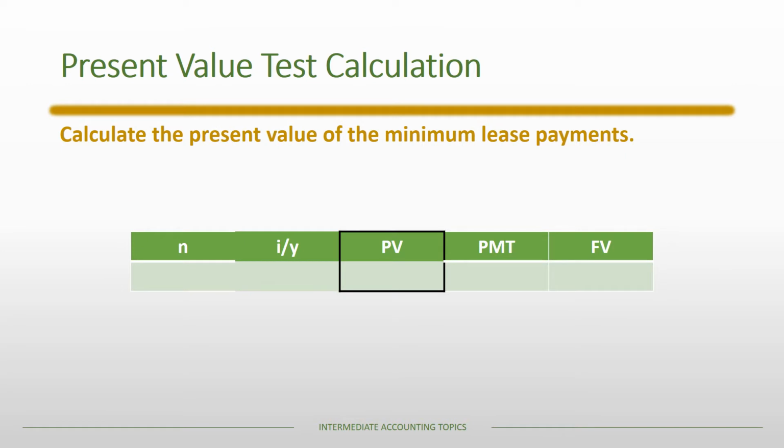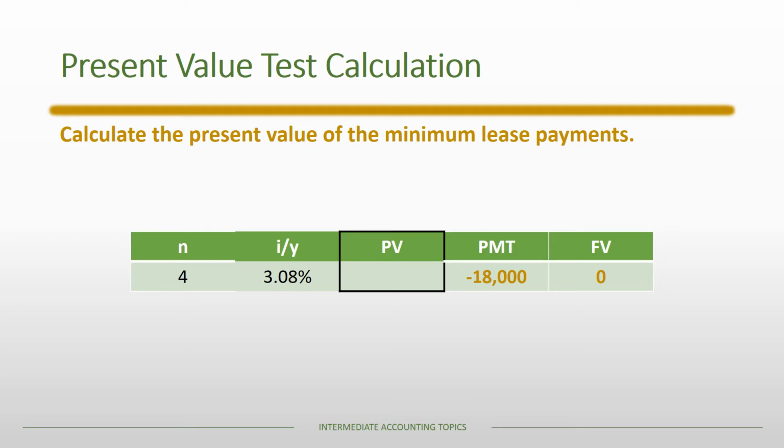We take that semi-annual yield and the other information, and now we have to calculate the present value of the minimum lease payments. The N and the I/Y are the same, of course. The payment, instead of being positive, is negative because we're adopting the lessee's perspective, and the lessee has not guaranteed any residual value, so the FV in this calculation is 0.